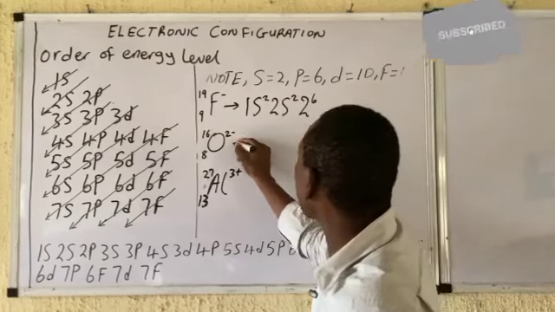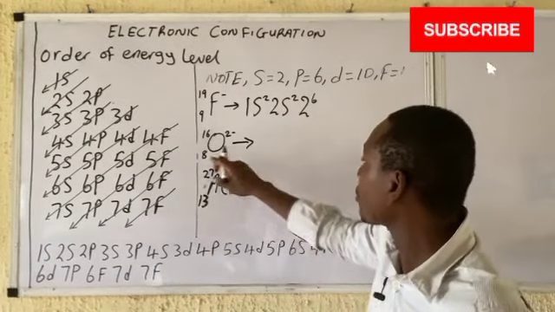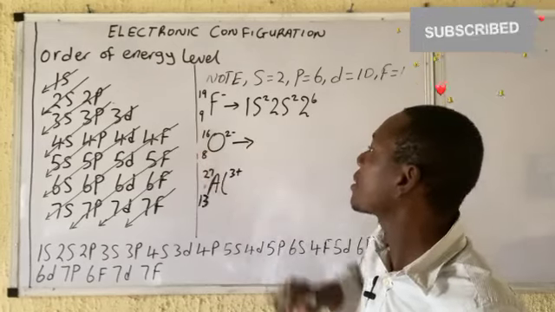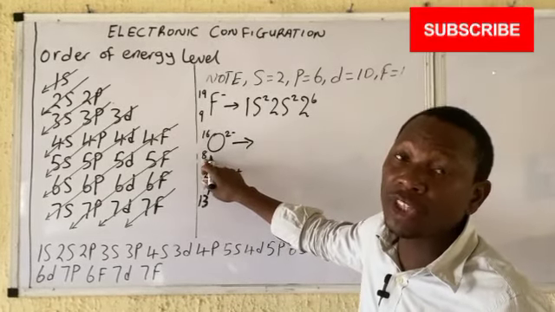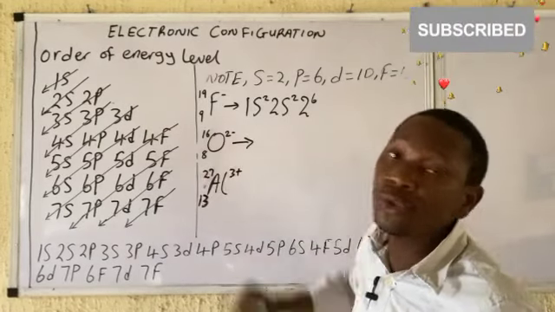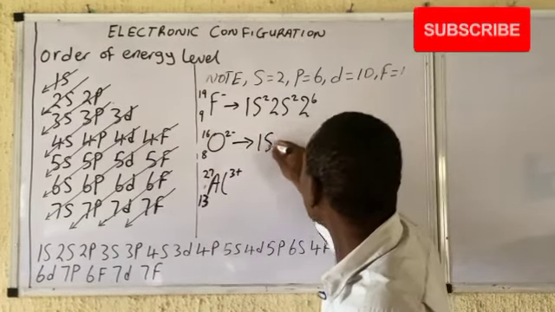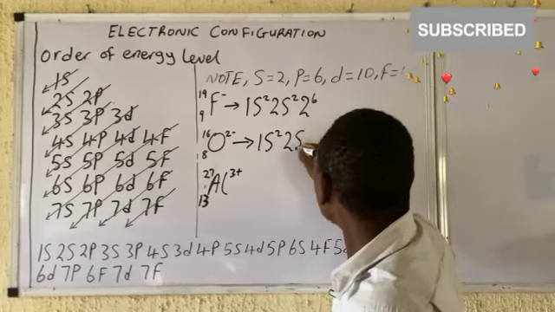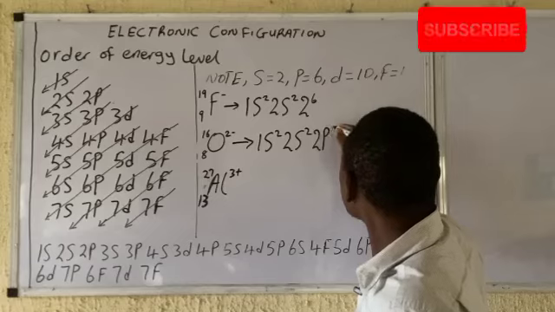The reason is simple. It has gained 1 electron. So let's talk about oxygen. Oxygen, in this case, is in its ionized state. Atomic number is 8, mass number 16. The number of protons is equal to the number of electrons, which is also 8, but it has gained 2. In this case, it will now be 10. So we now have 1s2, 2s2, and 2p6.